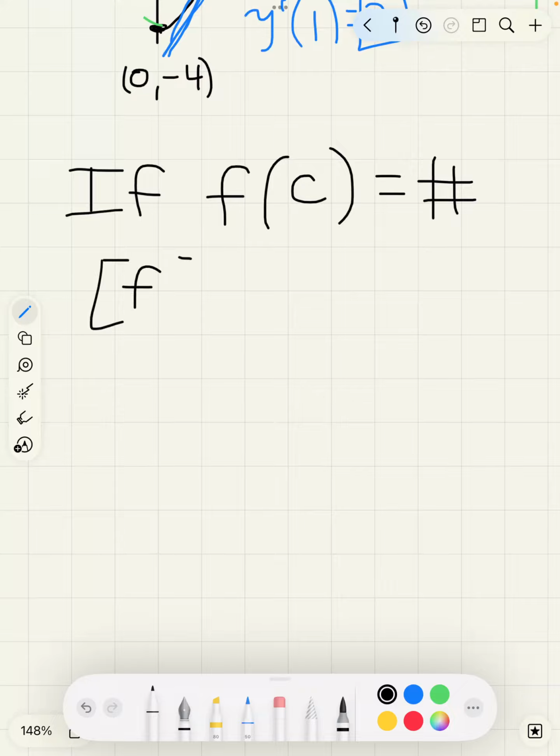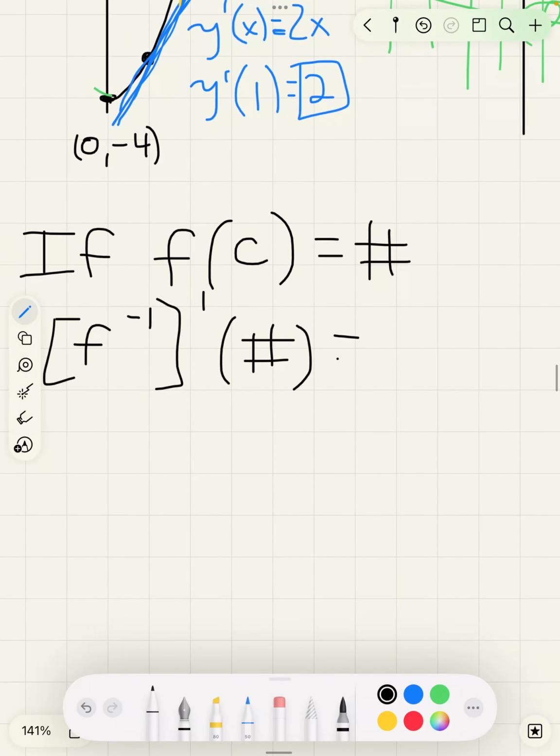F inverse prime at that number, because remember the input for the inverse was the output of the original, is the reciprocal of f prime at the x value. A couple of things to note here: inputs are switched, and the value is reciprocaled. Switched and flipped.